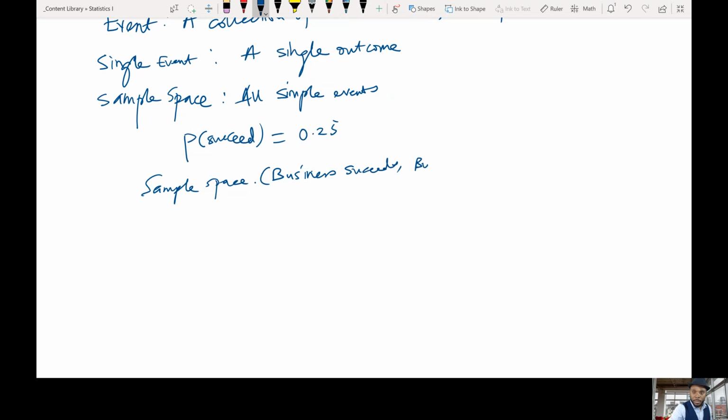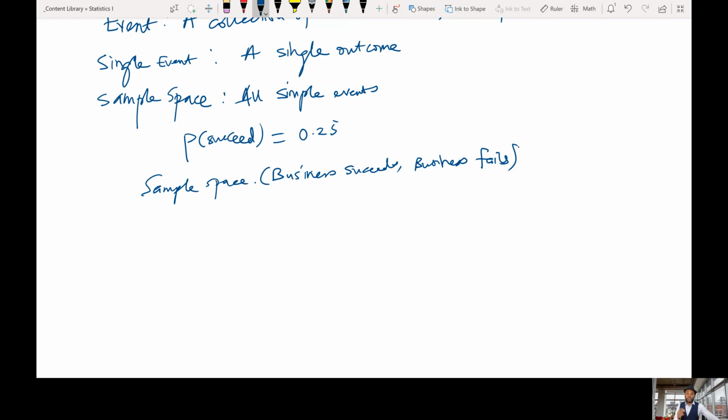So that's the sample space. We know the probability of the business succeeding is 0.25. Now the probability that the business fails will be what? 0.75. Okay, let's look at another example.